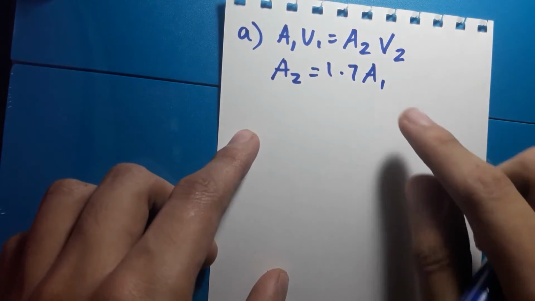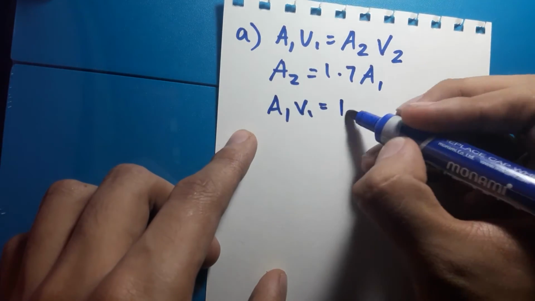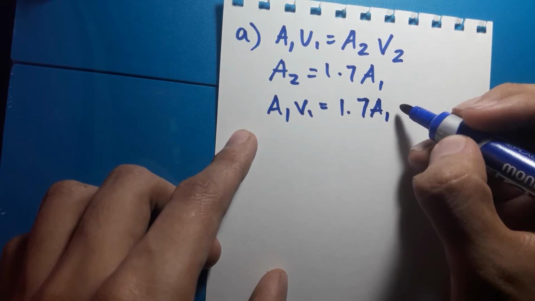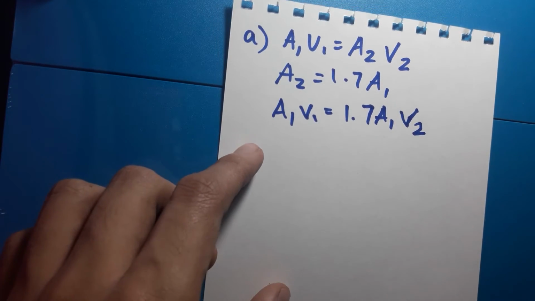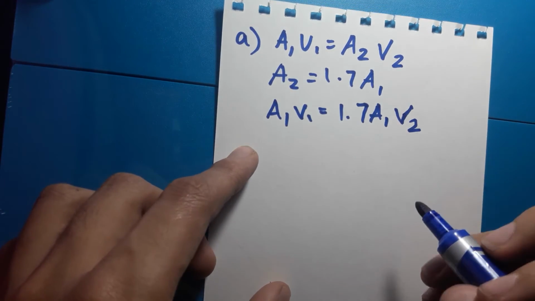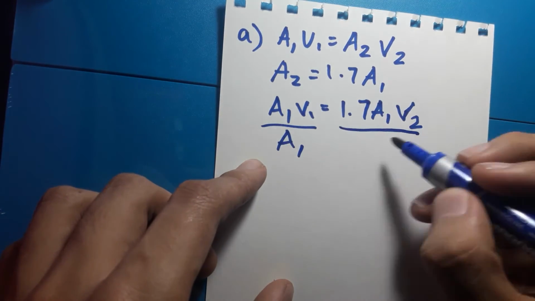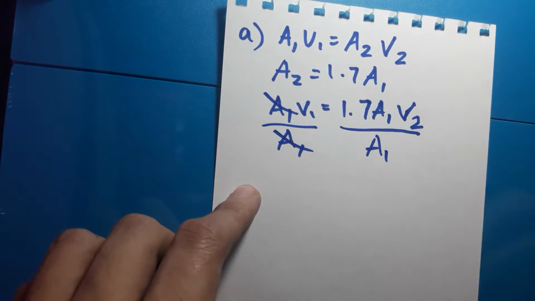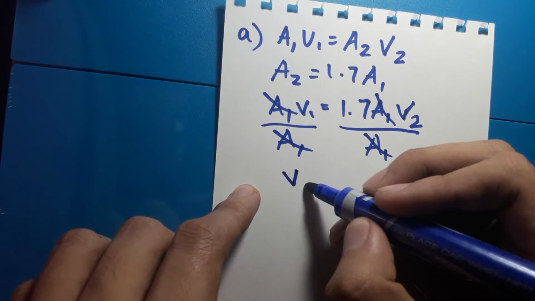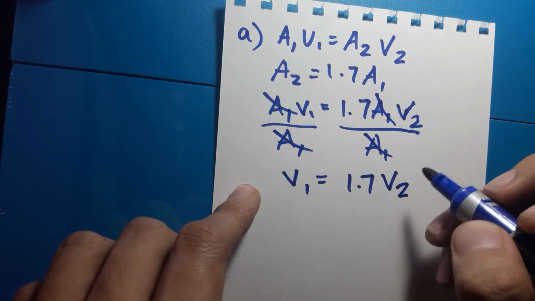So we can change A2 to this: A1 V1 is equal to 1.7 A1 V2. Since we are finding V2, we need to isolate it, so divide both sides by A1. Cross out the A1s, and we remain with V1 is equal to 1.7 V2.